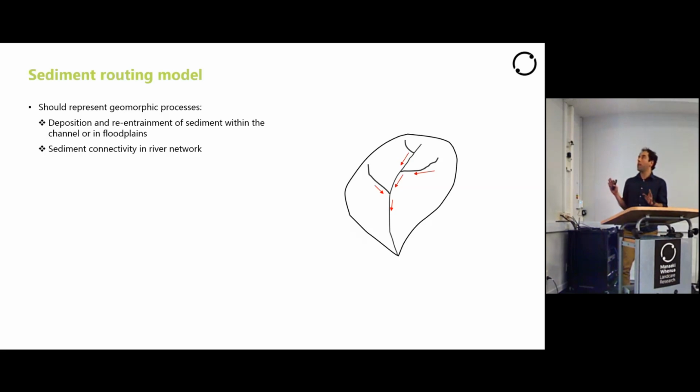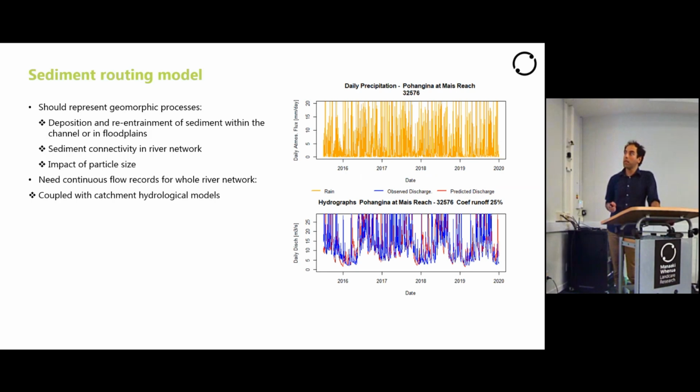Basically, wherever we have any disconnectivity from the lakes, natural lakes, or dams, it should be stopped. And we have some sort of settling coefficient to calculate what is the input, what is the output. We also have the impact of particle size, which I talk about.